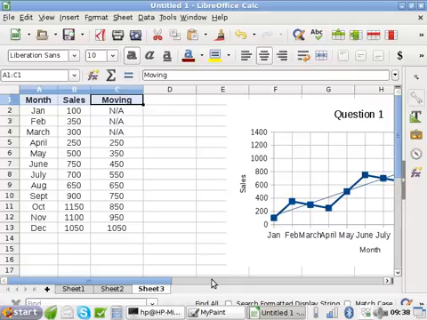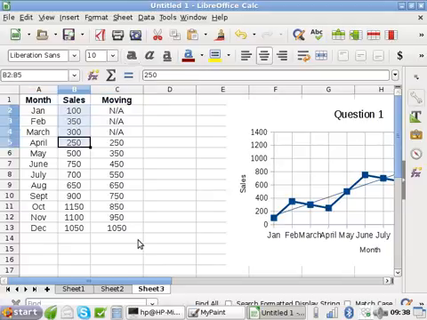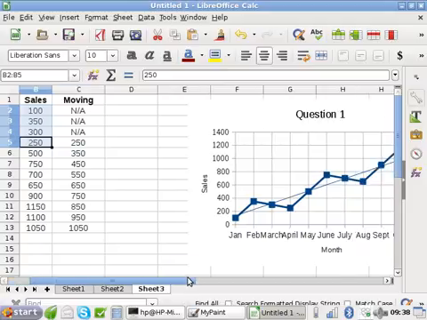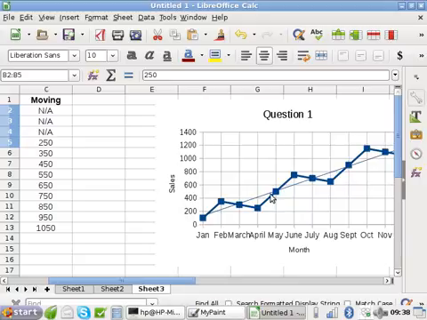The first 250 is the... This 250 is the average of these four, yeah. On the graph, what do you think the moving average is on the graph? Very good, yeah. So these moving averages, actually, they're kind of like the trend line here.